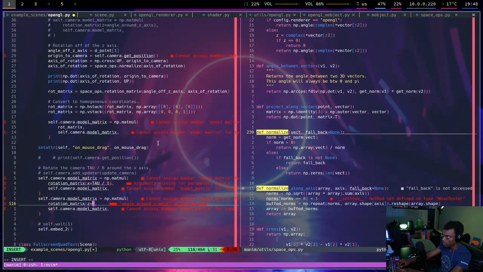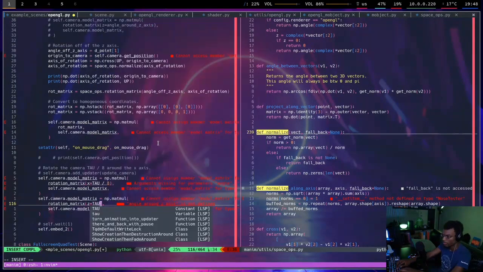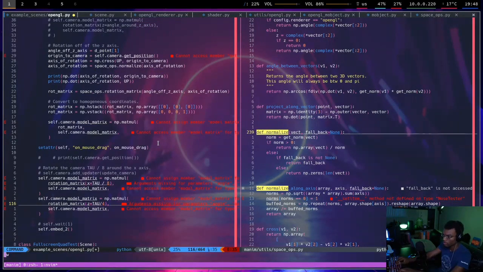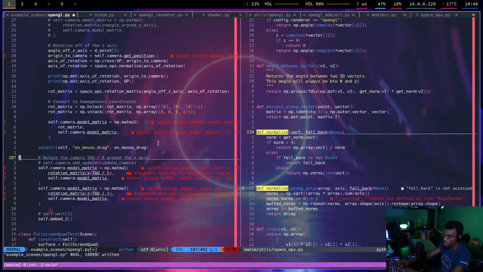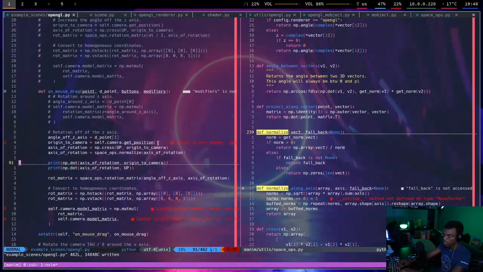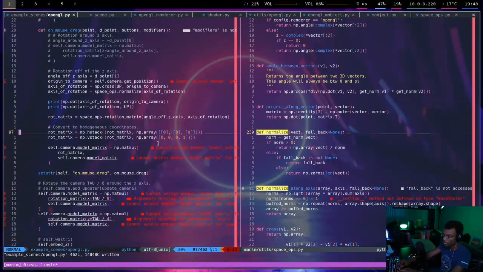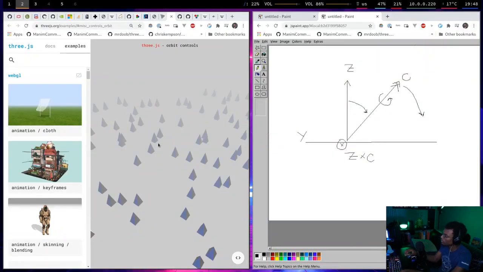And I'll just do tau over 4. I don't need that. Don't need this. Well, I do need to add that updater. Well, I have the on mouse drag, so that's fine.